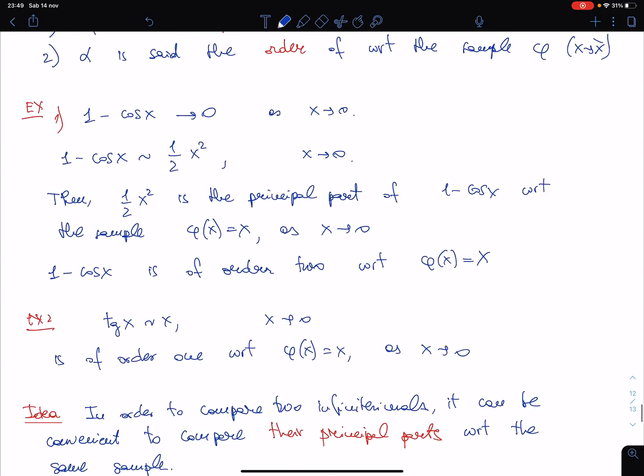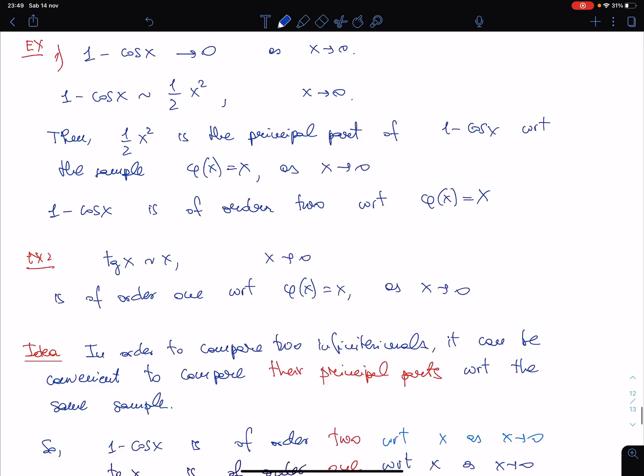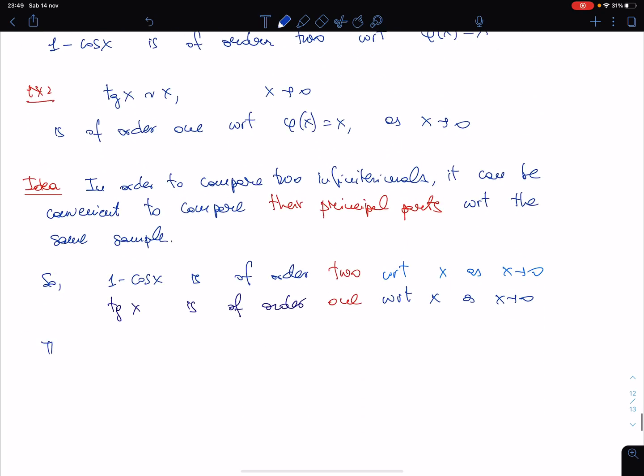Sorry, 1 minus, yeah. So, it is correct. I was confusing myself. So, 1 minus cosine of x is an infinitesimal of higher order with respect to tangent of x as x goes to 0.